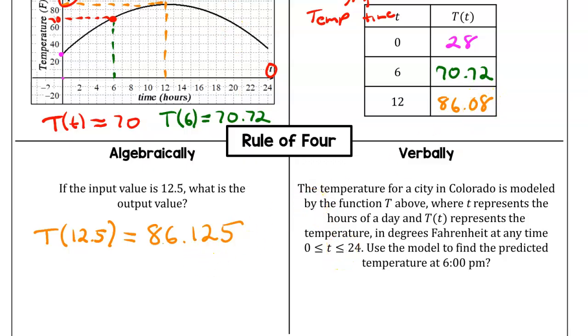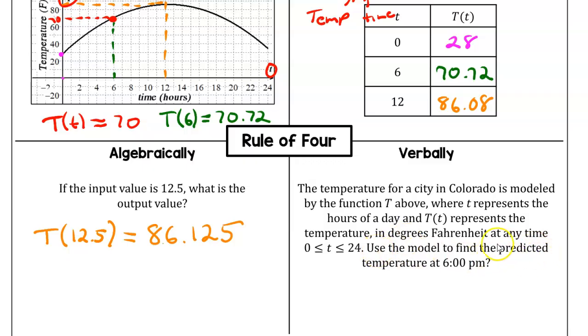All right, and lastly, we have the temperature for a city in Colorado modeled by the function T, where t represents the hours of the day, and T of t represents the temperature in degrees Fahrenheit at any time for the whole day, 0 to 24, which means 24 hours a day.